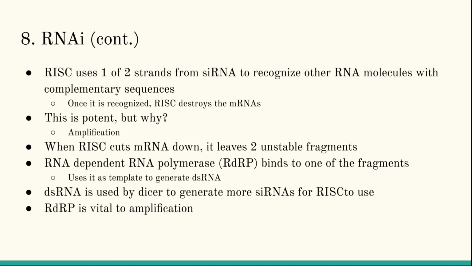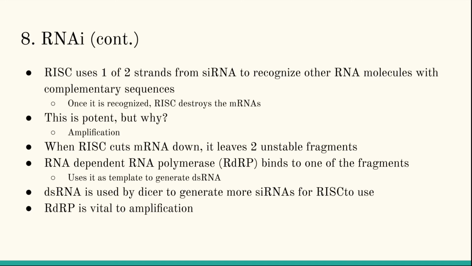So RNA interference is actually very potent, but why? It all comes down to amplification. When RISC cuts mRNA down, it leaves two unstable fragments. RNA-dependent RNA polymerase, or RDRP, binds to one of those fragments. It then uses it as a template to generate double-stranded RNA.